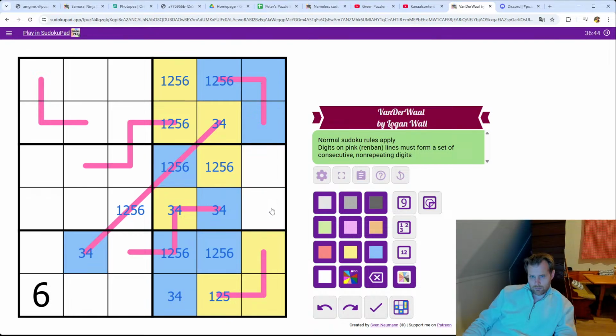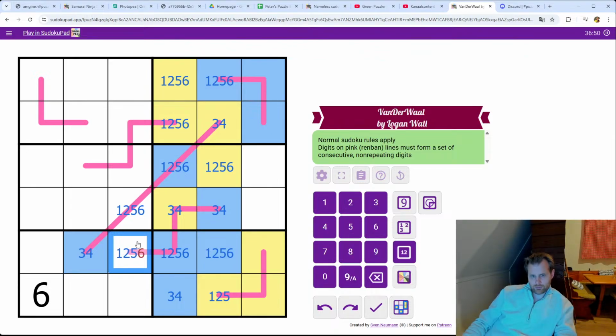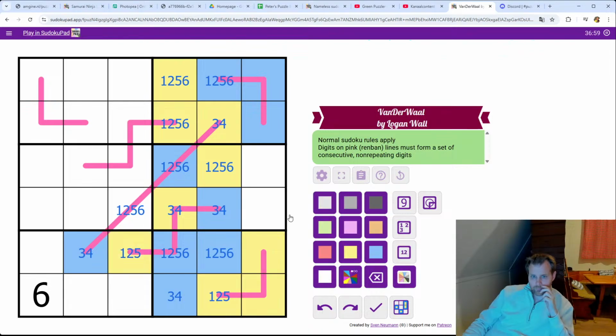This one we don't know. Well, it's a 1, 2, 5, 6. But we don't, oh, we do know the color, it's yellow.